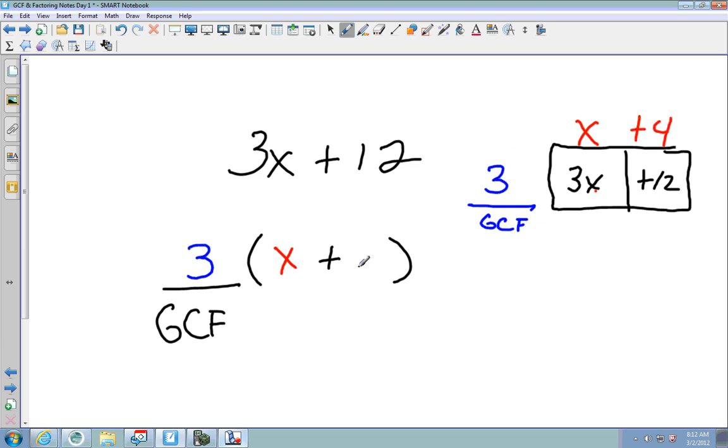Plus 4. Does this look familiar from what we did in the last unit? 3 times x gives me 3x. 3 times 4 gives me 12. That's what we're doing here. You may not always use the x in the parentheses. It just depends. Okay?